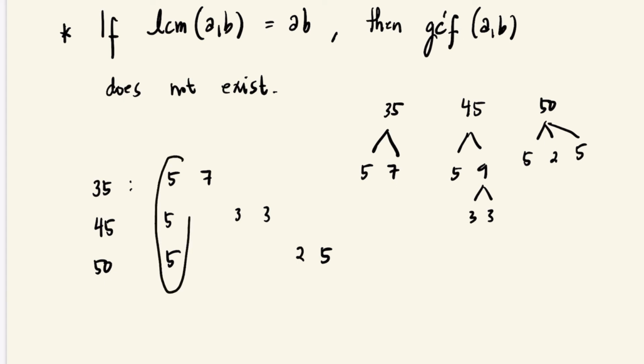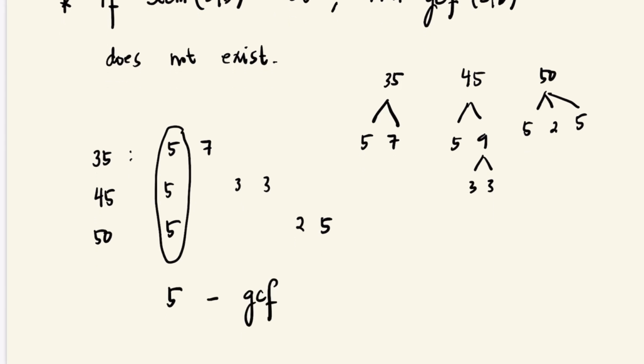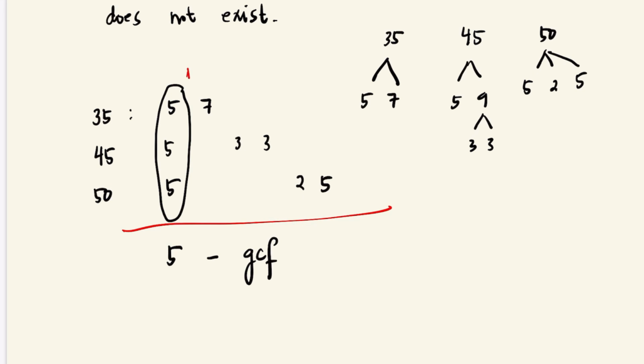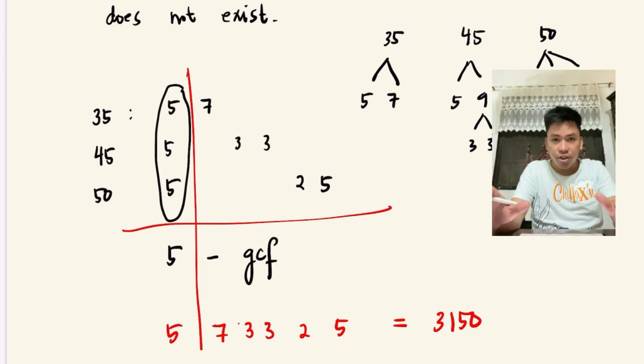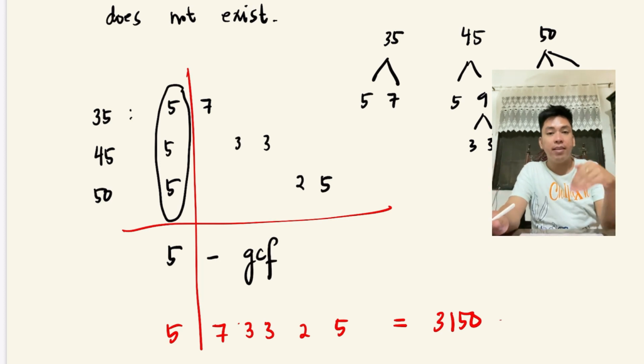So, in this case, the GCF is only 5. Your LCM is pareho lang. You can use the same technique. So, you have 5, 7, 3, 3, 2, 5. So, the answer is 3,150. So, if you have any questions or clarification, you can comment down there.